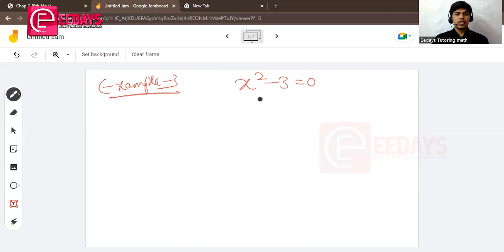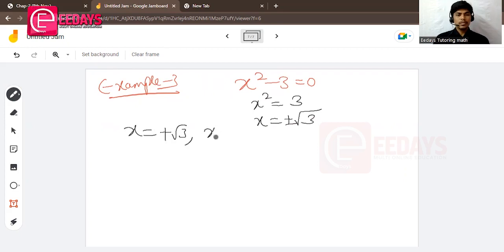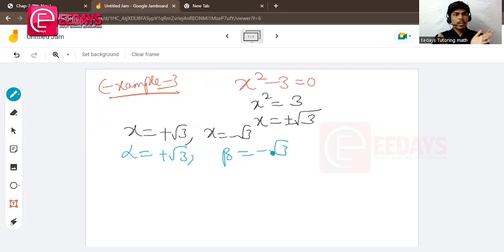In that case, transfer 3 to the other side. x square is equal to 3. x is equal to plus or minus root 3. Now x is equal to plus root 3, x is equal to minus root 3. You can take alpha is equal to plus root 3 and beta is equal to minus root 3. All right. Now we got alpha and beta.